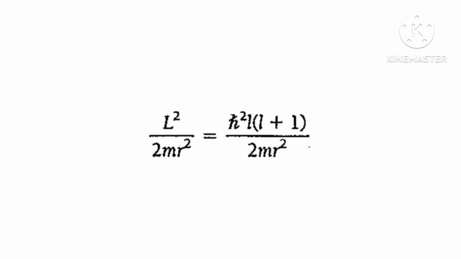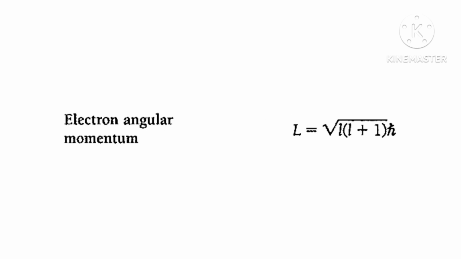Also, in the above equation we have K orbital equal to ħ² l(l+1)/(2mr²). Substituting, we get L²/(2mr²) equal to ħ² l(l+1)/(2mr²). Cancelling 2mr² from both sides, we get L² equal to ħ² l(l+1), that is, L equals the square root of l(l+1) times ħ. That is the electron angular momentum.